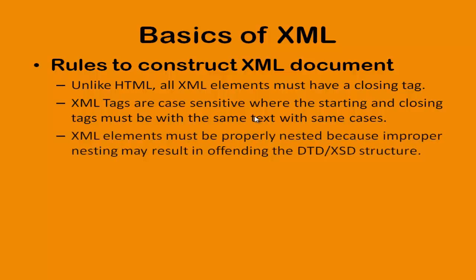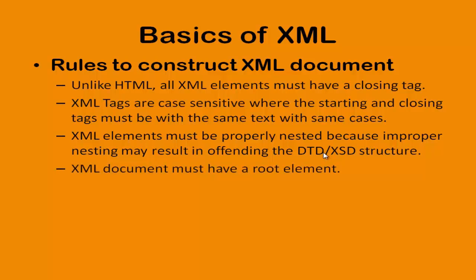XML elements must be properly nested because improper nesting may result in offending the structure. So if your XML document is based on a structure, and in that structure it says only after this particular element this element must come, then you have to follow the same structure in your document also. If you go against that structure, you're offending that particular rule, and your program will display an error.